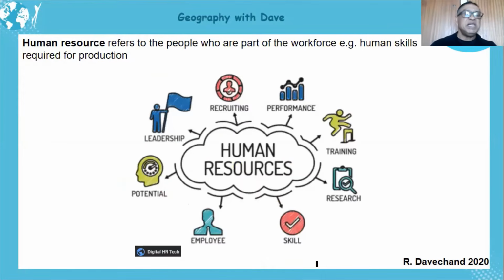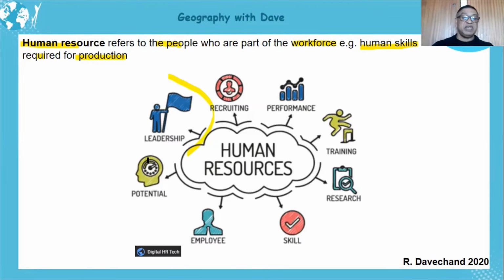Let's look at the human resource, a very important resource also. What does this refer to? It refers to the people who are part of the workforce. That's the human resource. They are useful, like human skills required for production. That is your human resource.